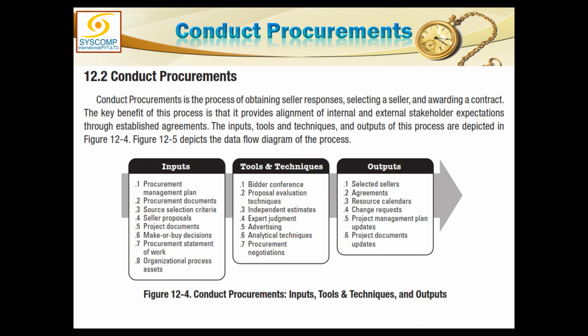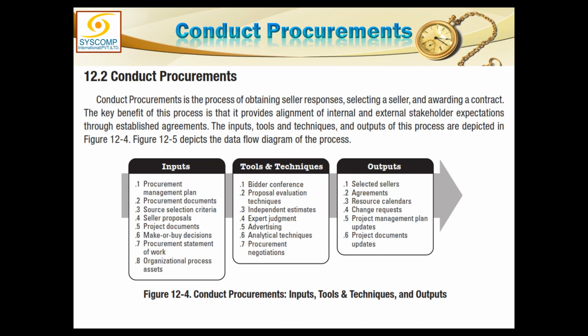So initially in inputs, we had the procurement management plan, the procurement documents, source selection criteria, and sellers' proposals are also received here. Project documents are here, the make or buy decision which we made earlier is also an input here, and the procurement statement of work is also here, along with organizational process assets.